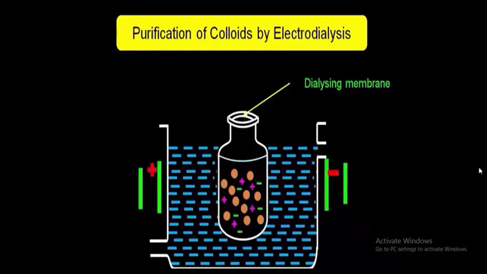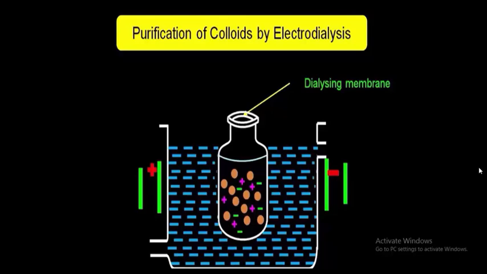So next one, purification of colloids by electrodialysis. It is similar to dialysis, but it consists of electrolytes or crystalloids as impurities. Upon being subjected to an electric field, the positively charged and negatively charged ions will get attracted towards the electrodes.